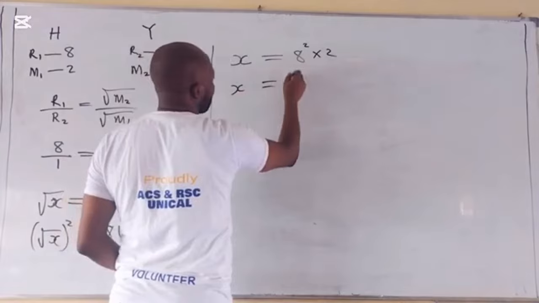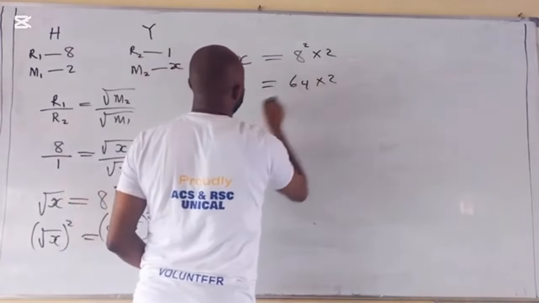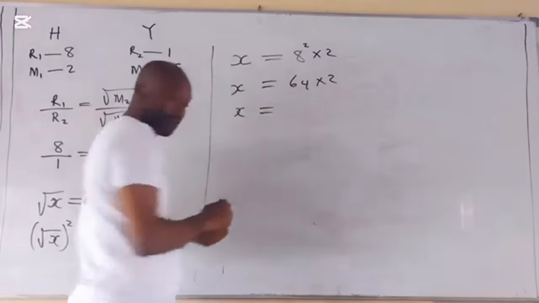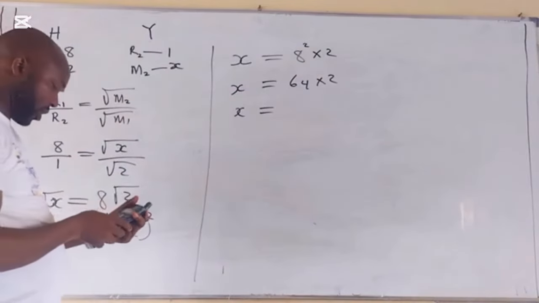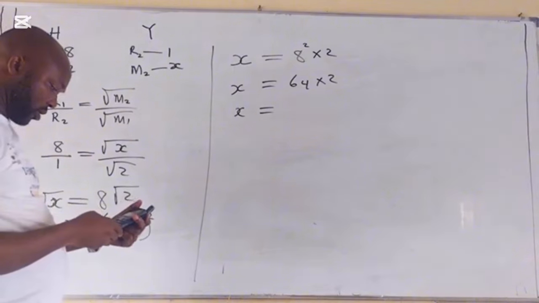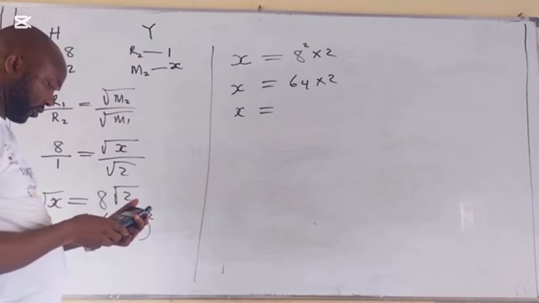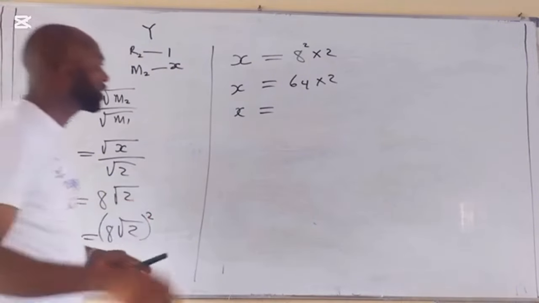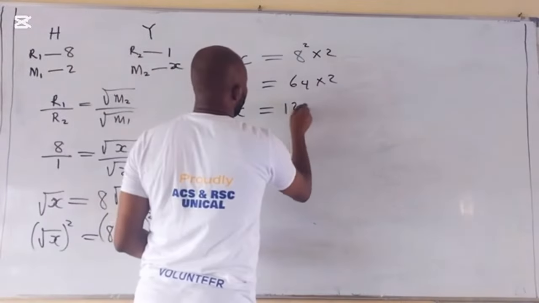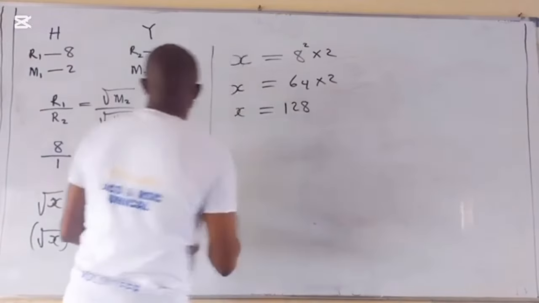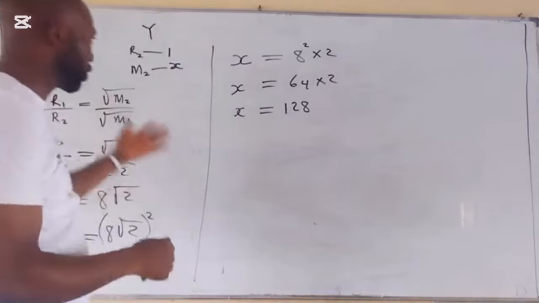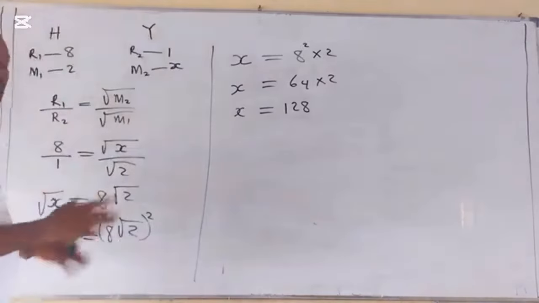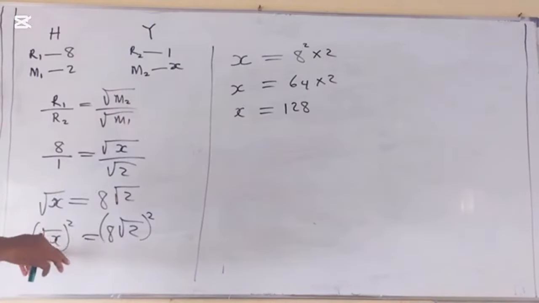So x is 64 times 2, and my x is 128. That is the relative molecular mass of the unknown, 128. Okay, that aside, let me explain this.